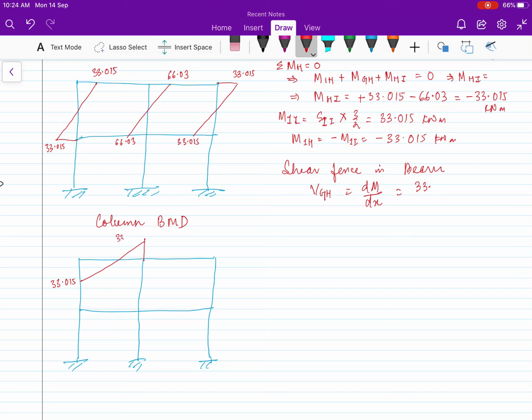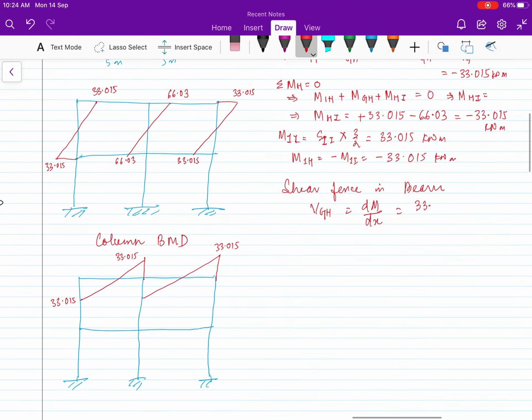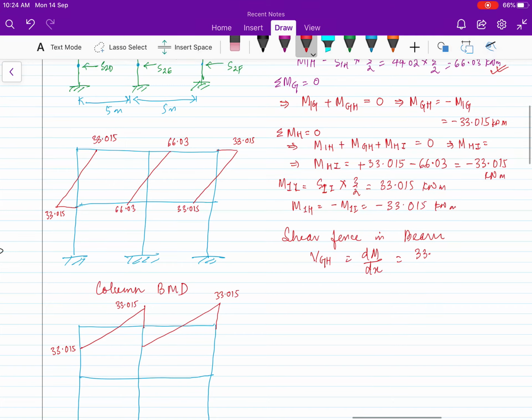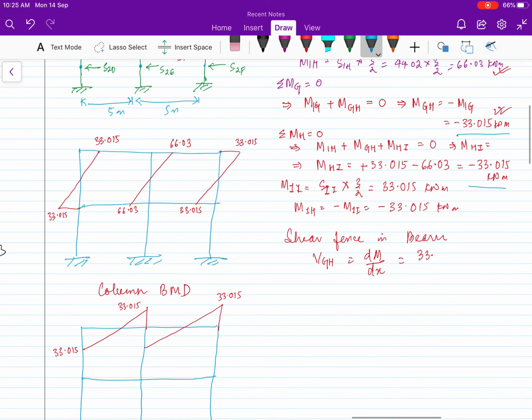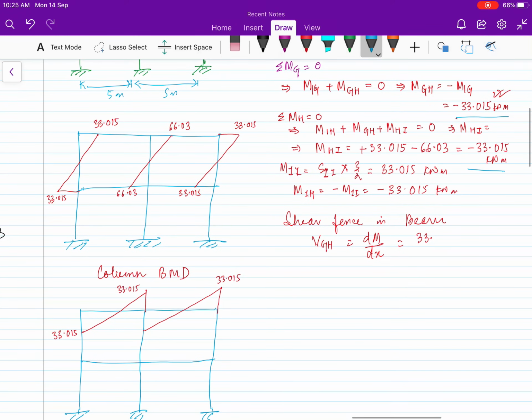Okay, 33.015. So the moment at GH is 33.015, HI also 33.015, because the spans are the same, we got the same values.